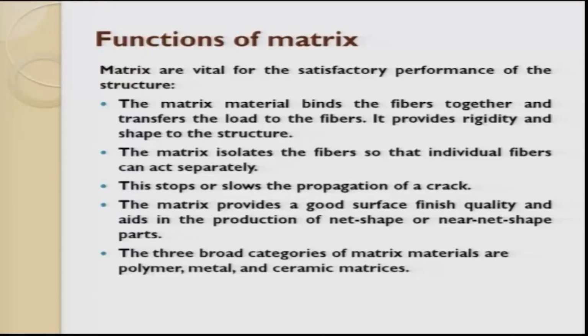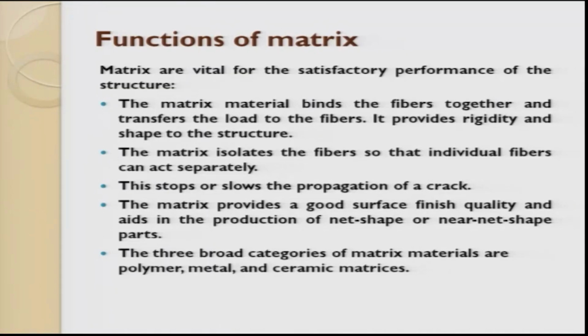Now let us go ahead and see the functions. Whatever I have said and whatever we could guess is written here. First thing is, the matrix material binds the fibers together and makes sure the load is uniformly transferred across the fibers. It provides shape and rigidity. If you have only reinforcement, we cannot make a product.